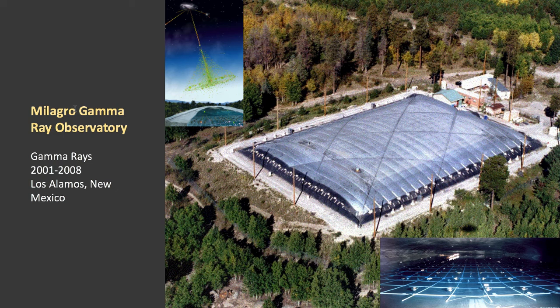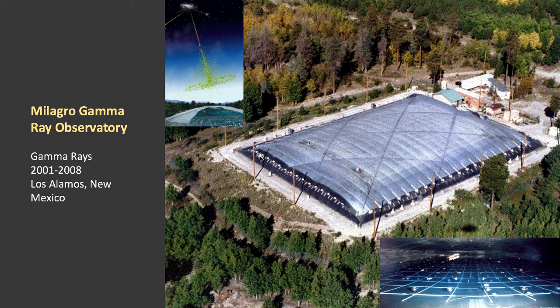This is actually based on the ground. And I want to show it to you because A, I got to work on this telescope, and B, it's another alternative design. Because this is a strange telescope. It's not really what you would think of when you picture a telescope. It's more what you would think of when you picture a swimming pool.